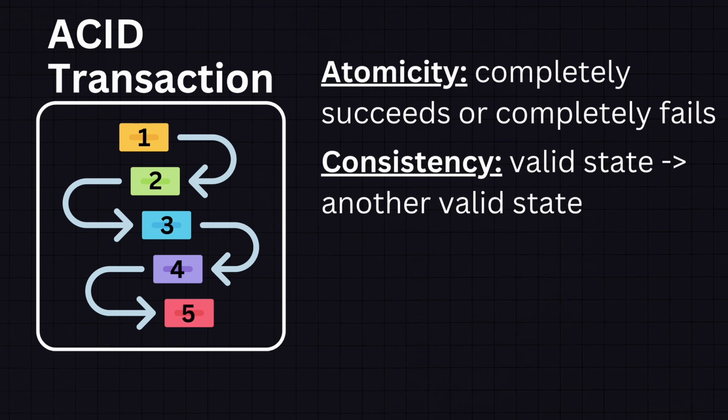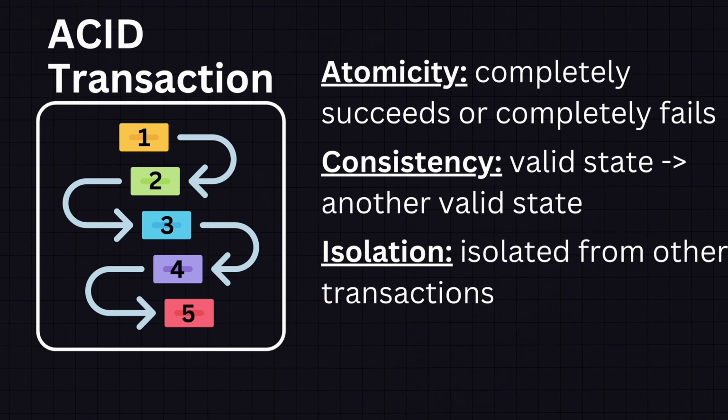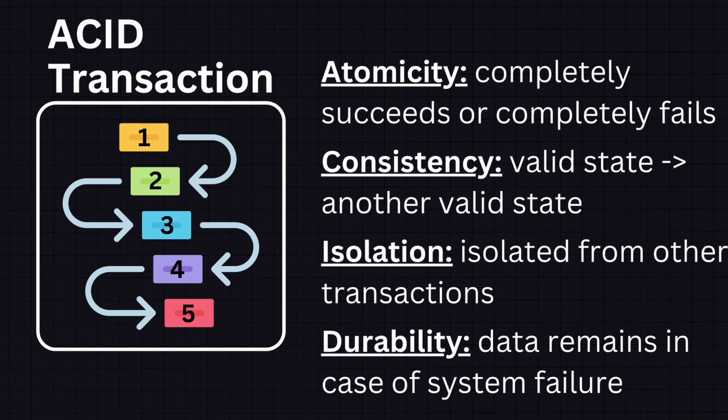C stands for consistency, which means that the transaction transforms the database from one valid state to another valid state. Isolation ensures that modifications made by concurrent transactions are isolated from one another until they are committed. And durability ensures that once a transaction has been committed, it remains so even in the event of a system failure.